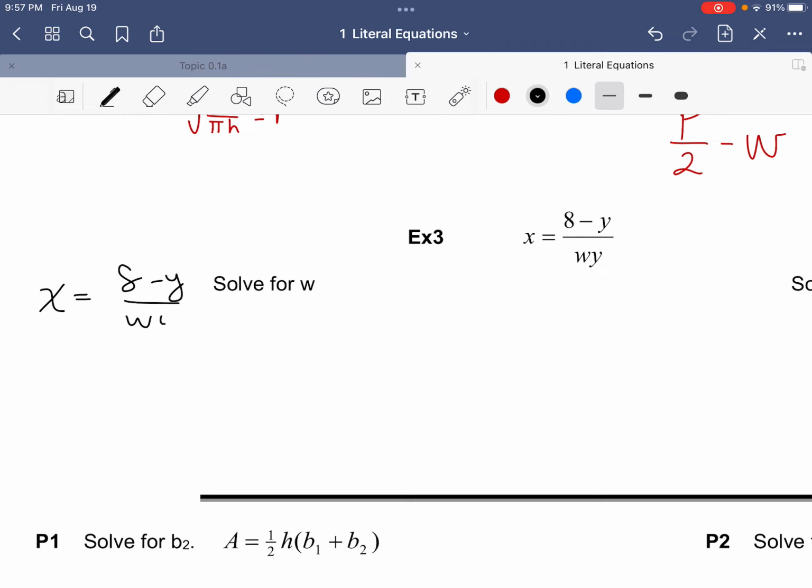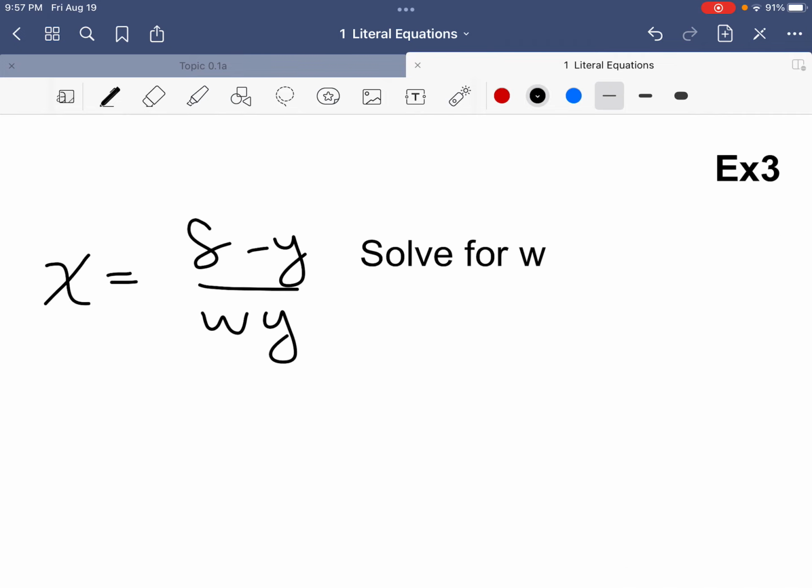And it's no coincidence that where we're going to start is in the denominator. It's very often what you do with a fraction, you start by doing something with the denominator. And in this case, it's this W that's down here. And since we're trying to solve for W, we need to get it out of the denominator.